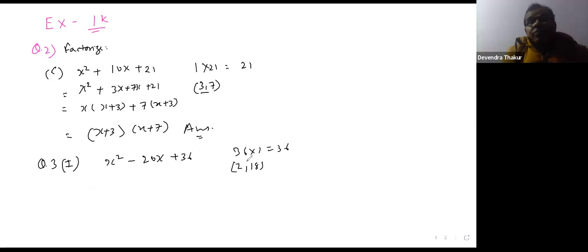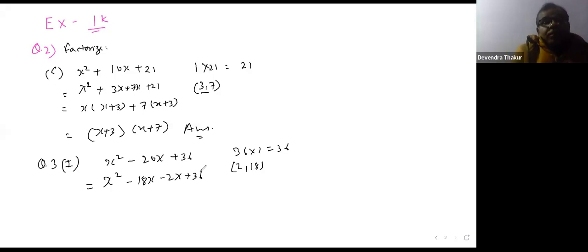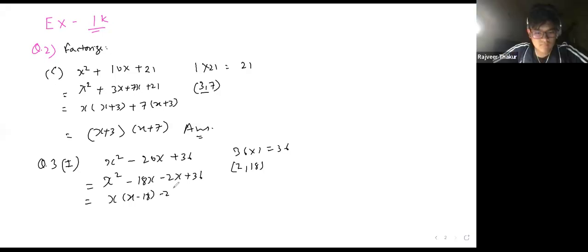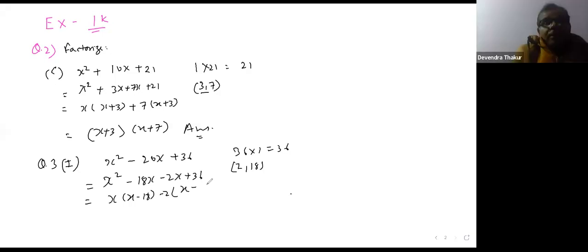Because 18 plus 2 is 20. So we can just write down x squared negative 18x negative 2x plus 36. So x is common, x minus 18 minus 2 and x minus 18. So this will be x minus 2 times x minus 18. This will be the answer.